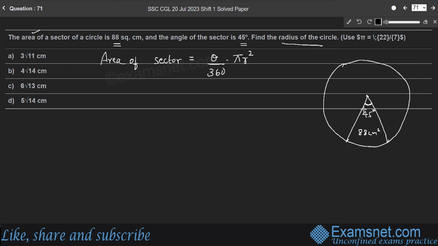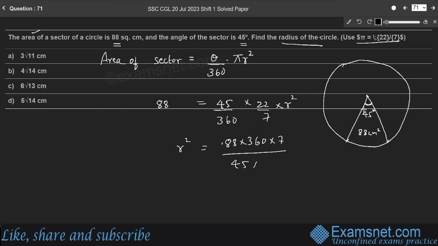Here the area of the sector is given, 88 square centimeters, is equal to theta, the angle formed at the center of the sector, which is 45 degrees, by 360 into, use pi as 22 by 7, right? 22 by 7 into radius square. Simplify it, right? So directly we are taking r square is equal to 88 into 360 into 7 divided by 45 into 22.